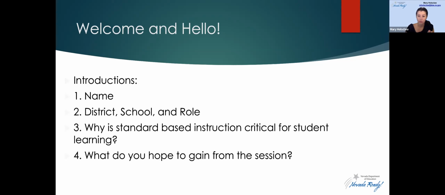Let's say a student moves from one district to another, there's at least some continuity between their grade 5 social studies class, or maybe when they're in fine arts and their dance courses and things of that nature. There are some similarities, maybe some slight differences, and it also provides a very good basis for instructional practices.